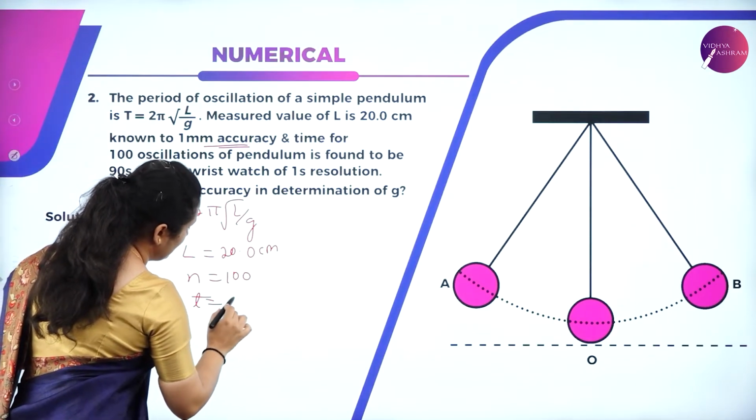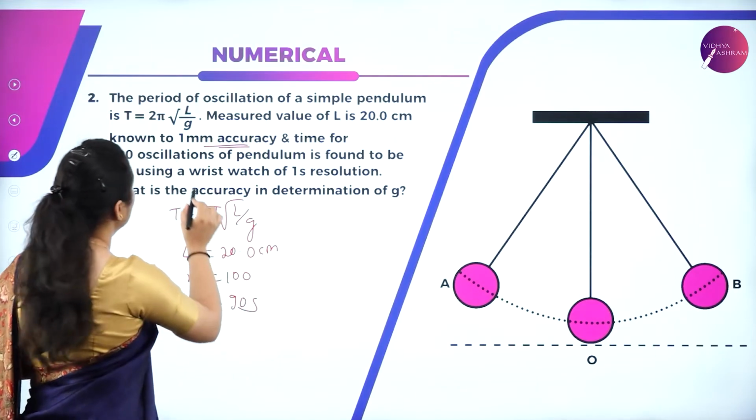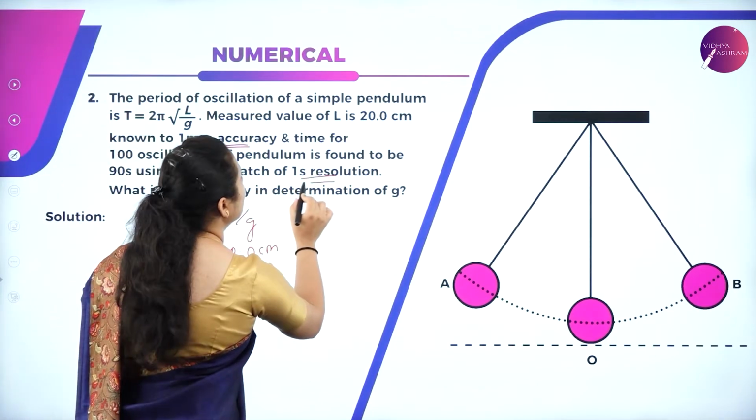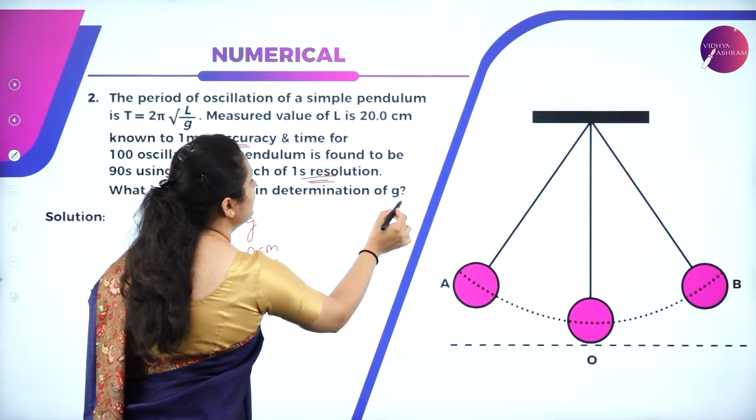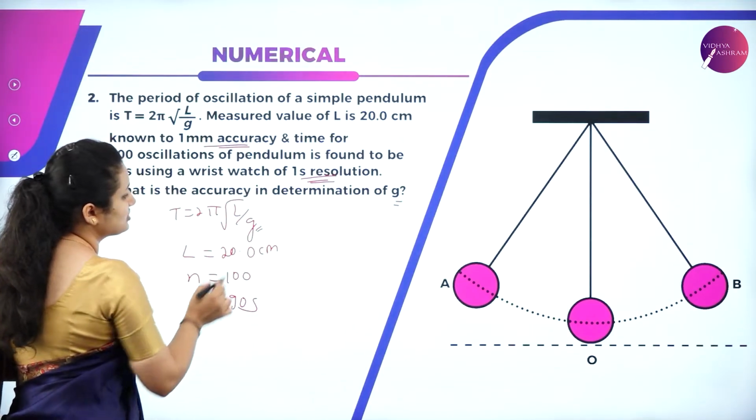T is given as 90 second using a wristwatch of 1 second resolution. What is the accuracy in determination of G?